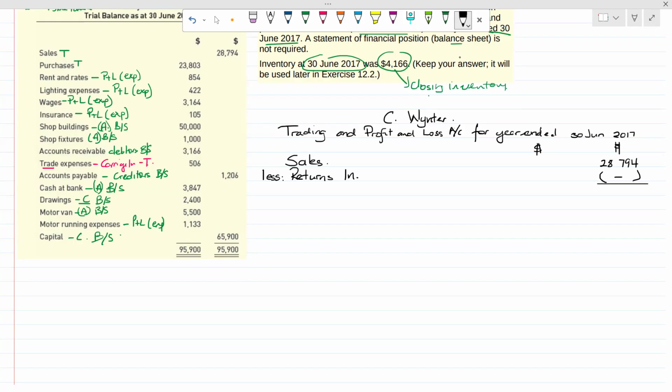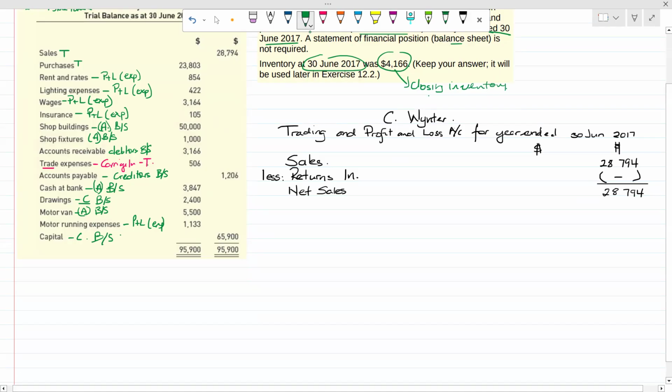So when you see a figure in brackets, it means that we're minusing that figure, right? So our net sales after any adjustments will be recorded here. In this particular question, no one returned goods to us, so we are fine, right? So the first part of the trading account is to calculate your net sales.